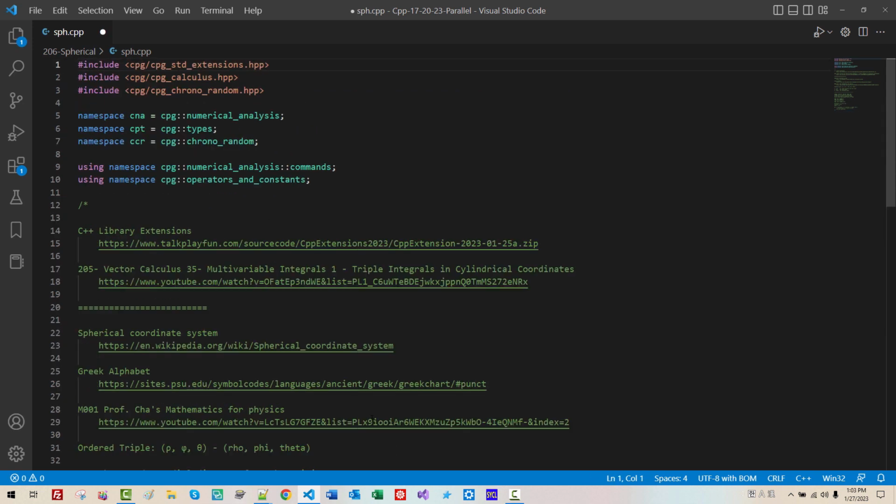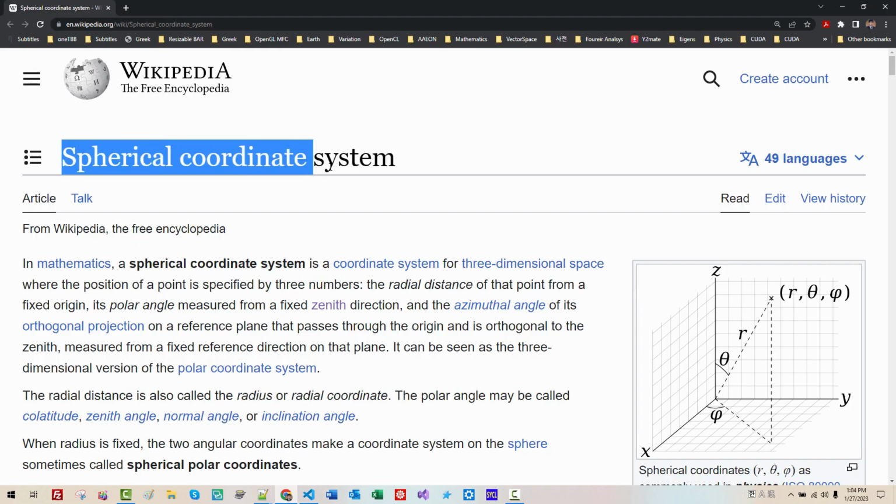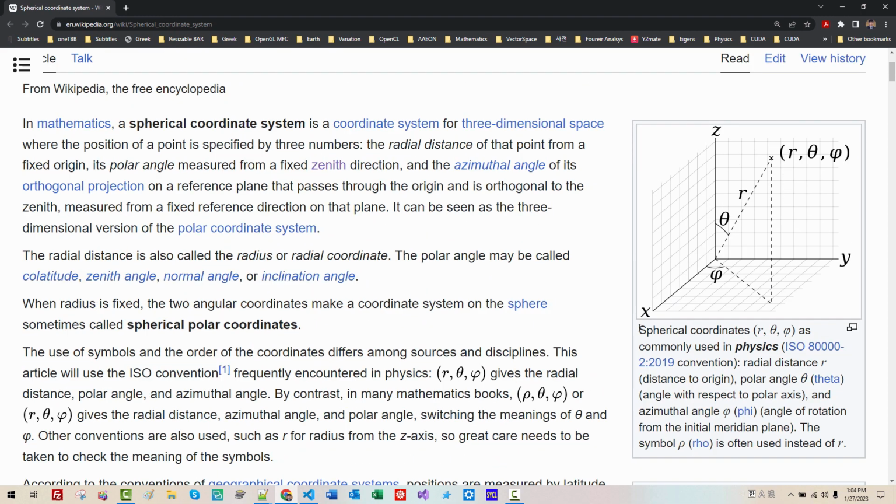Control Home. Before we start this session, I will make clear two things. From the spherical coordinate system, please control-click this link. In the spherical coordinate system from Wikipedia, scroll down. Spherical coordinates are (r, theta, phi) as commonly used in physics. This is the standard convention used in physics.